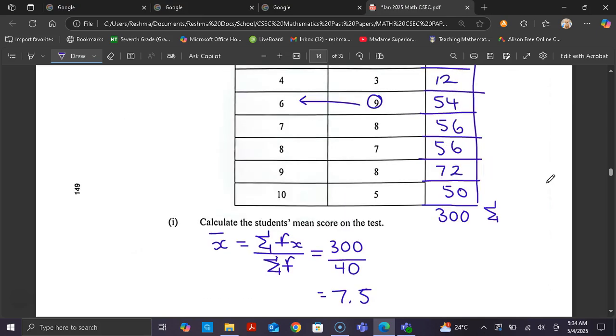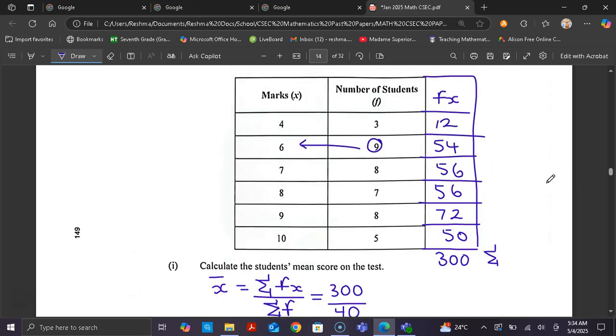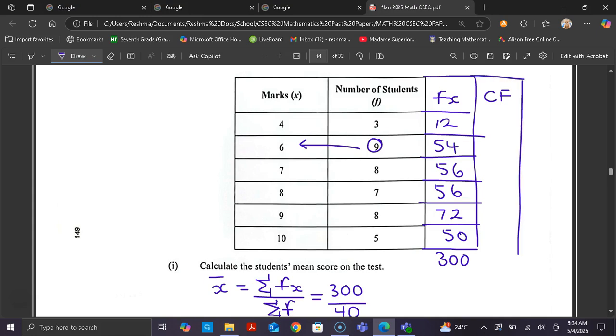So the median mark, this time I am going to add a column with cumulative frequency. And of course, cumulative frequency means total frequency up to a certain value, or what is called a running total. So up to 4, we only have 3 students.